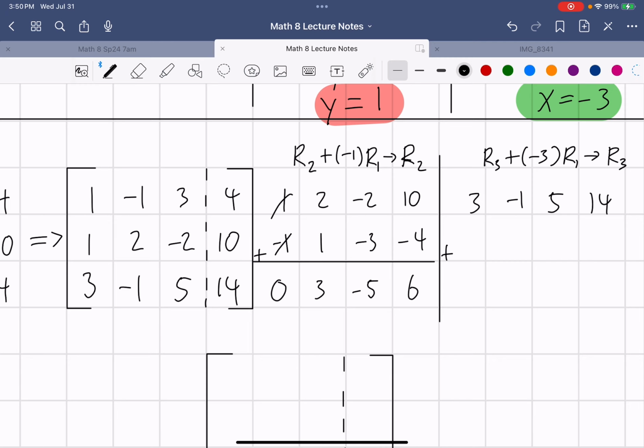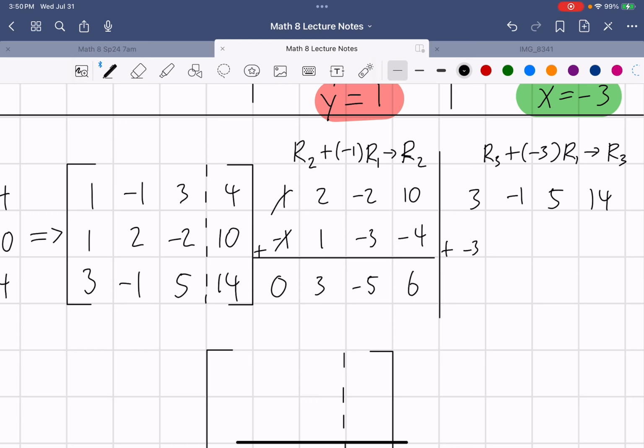plus multiply -3 will give me -3, +3, -9, and -12. Adding this together, once again these cancel. 0, 2, -4, +2.